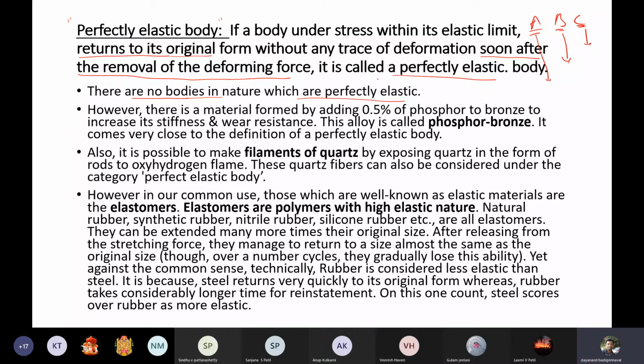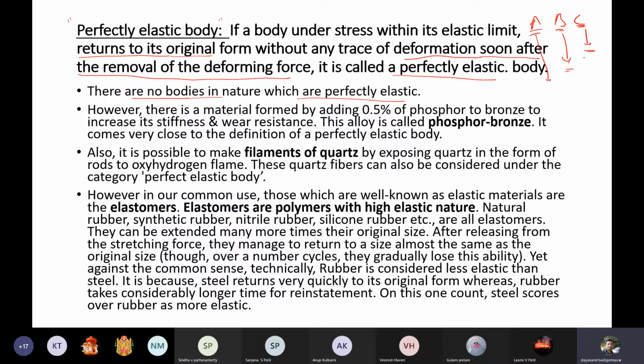How do I say this? Based on how easily it comes back to its original form. If body C takes more time, then it is not so good an elastic material.